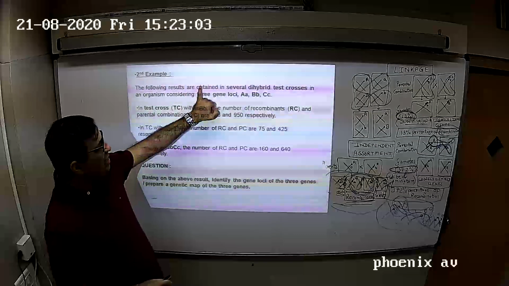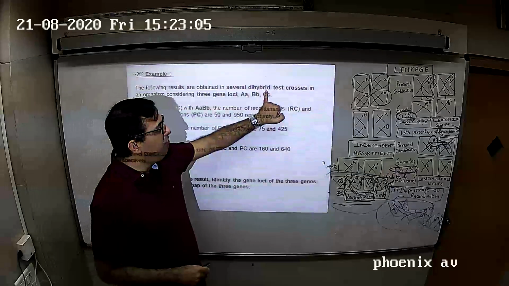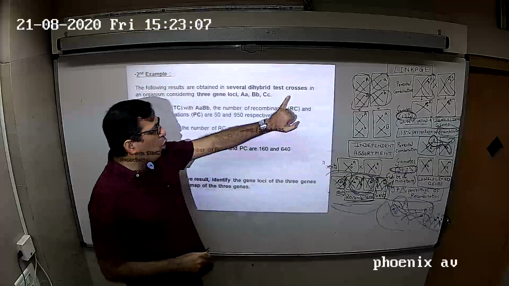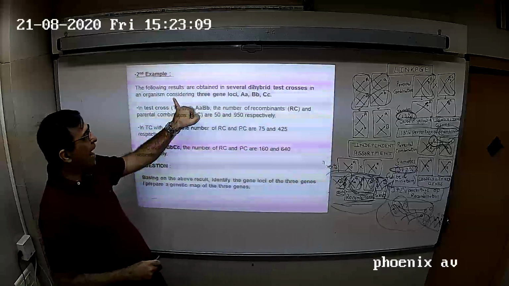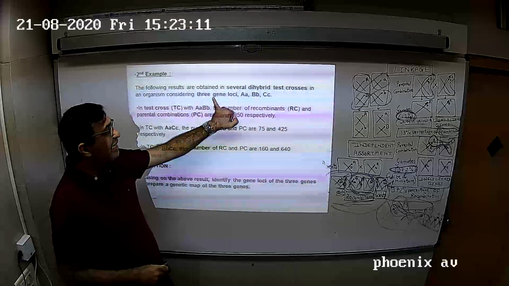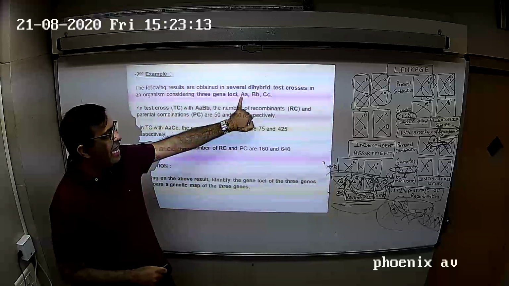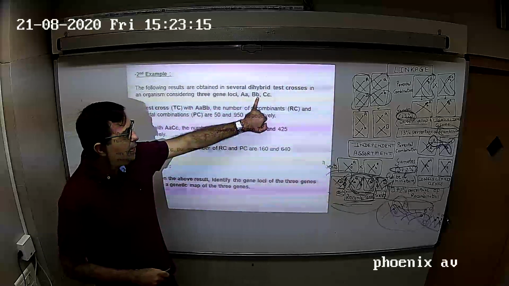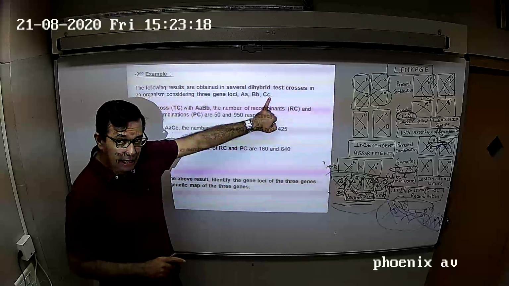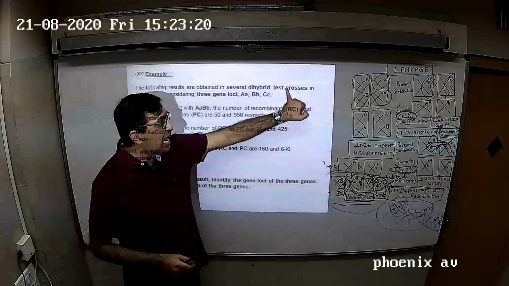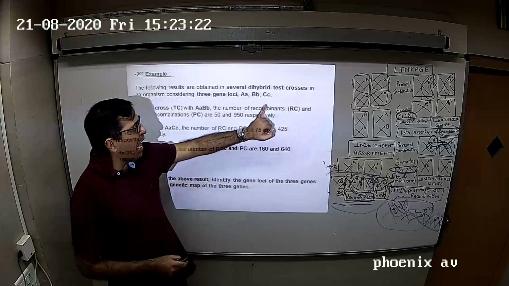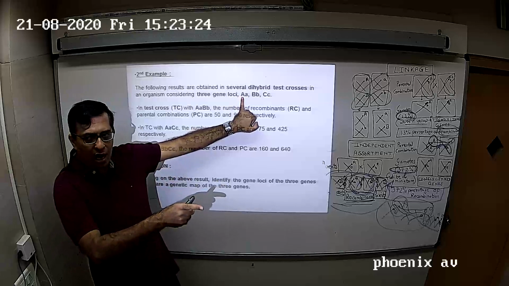The following results are obtained in several dihybrid test crosses in an organism considering three gene loci, capital A small a, capital B small b, capital C small c. Mind you, these are dihybrid test crosses between three gene loci.